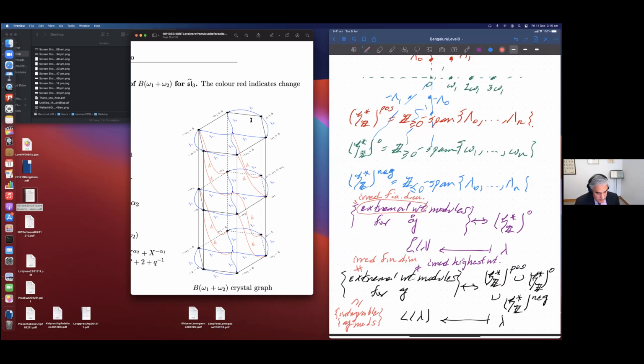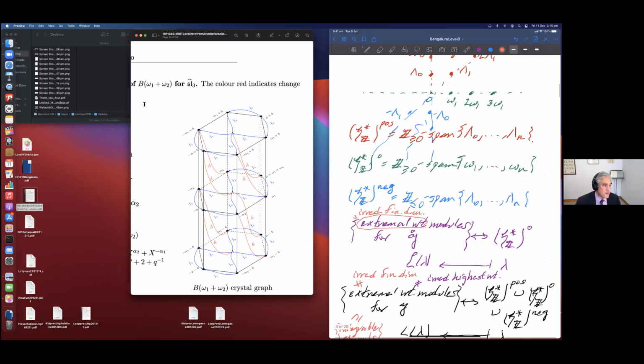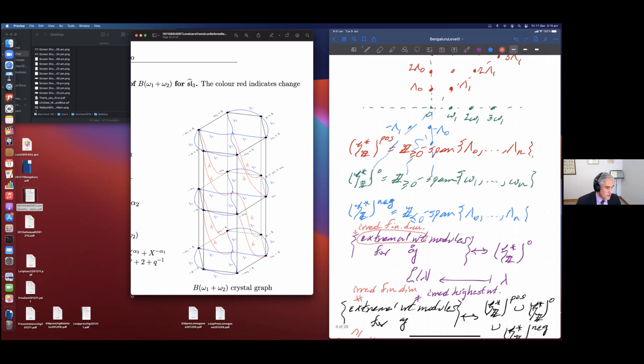Okay, so I have this picture. In fact, this picture must also be in this paper. Let's see if we can find it.